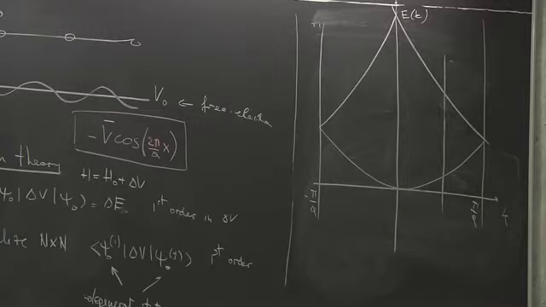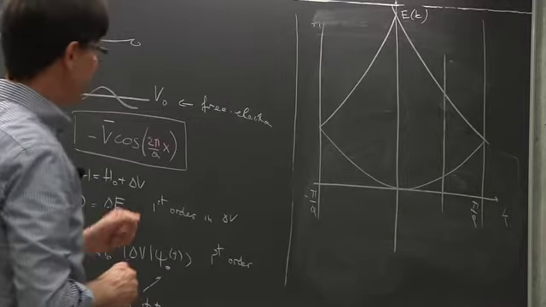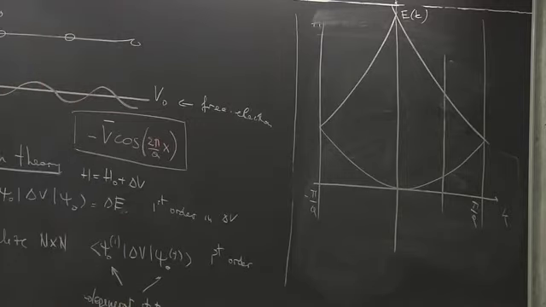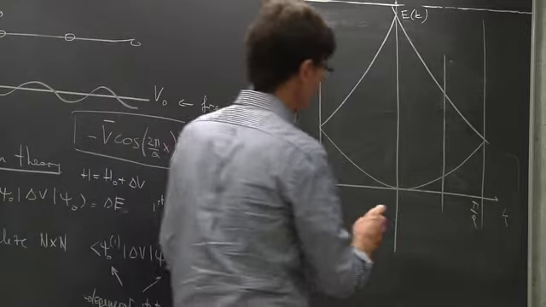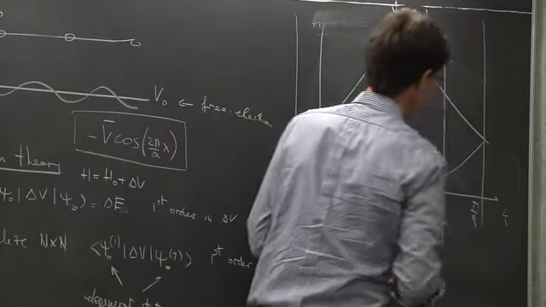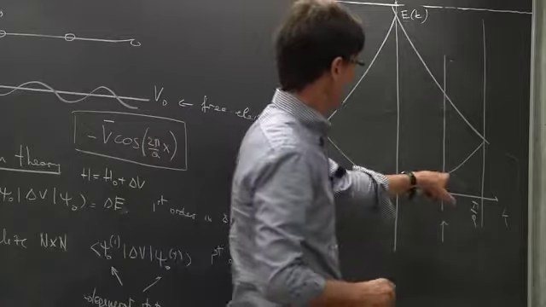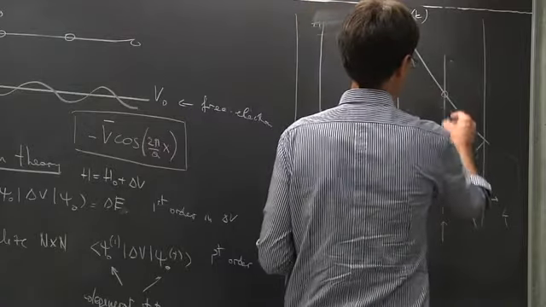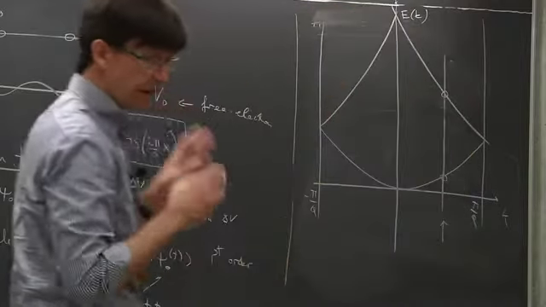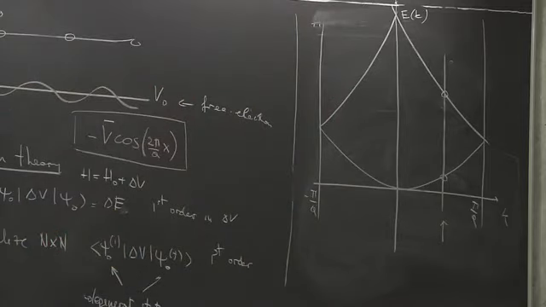What this implies is that when I apply perturbation theory, I can do it within a given k. I can choose a k and say, let me now apply perturbation theory for that particular k. k continues to be a good quantum number.